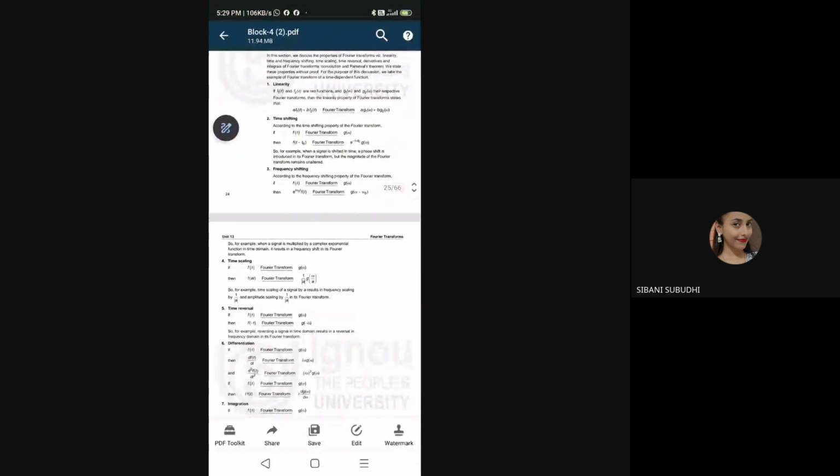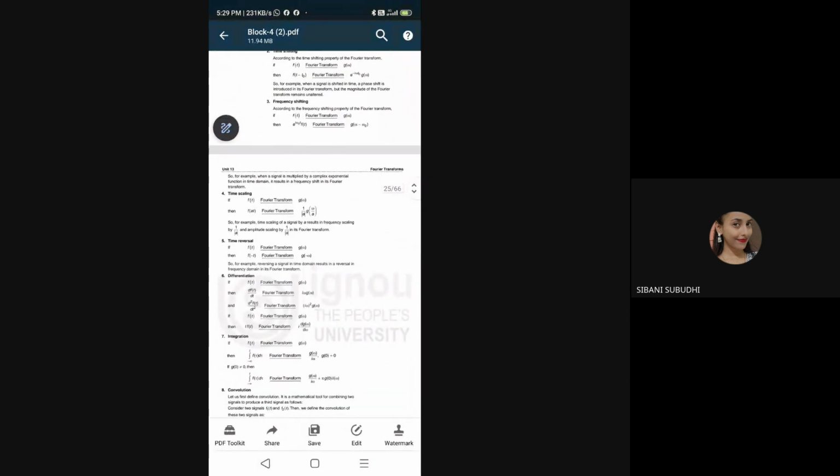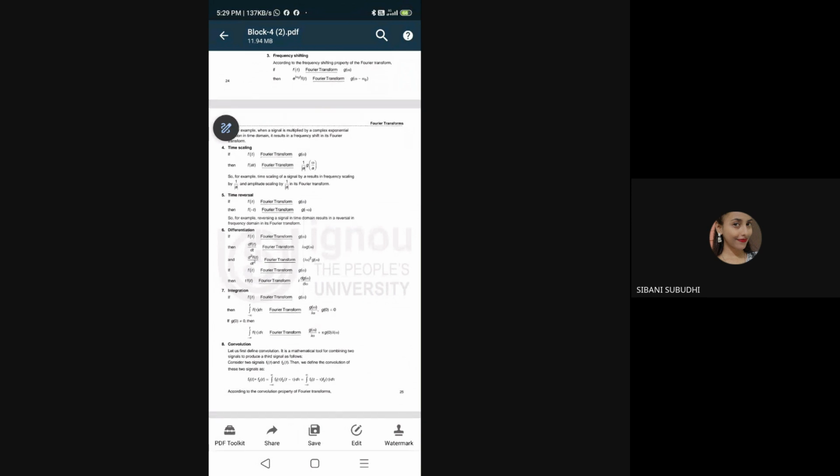Fourier transform obeys linearity, time shifting, frequency shifting, time scaling, time reversal, differentiation, integration, and convolution, as shown on the screen. If you do not understand it, then I can explain.